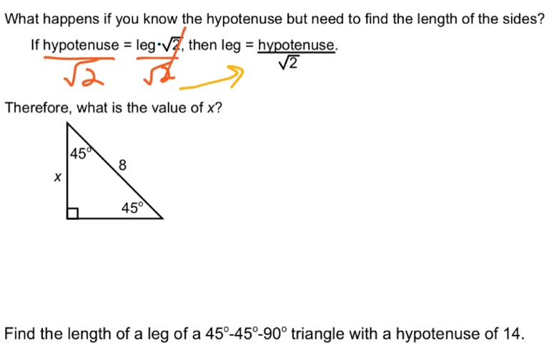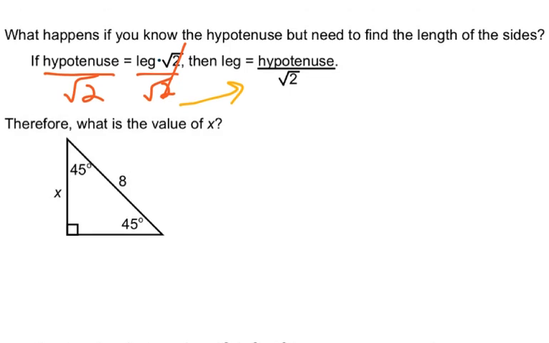Okay, so therefore, here in this problem, what is the value of x? Well, you take your hypotenuse, and it says divide this by root 2. Now, at some point back in algebra, you probably learned about simplifying radicals, getting radicals out of the denominator. Okay? Well, as a recap, just in case you didn't, you're not allowed to leave a root in a denominator.